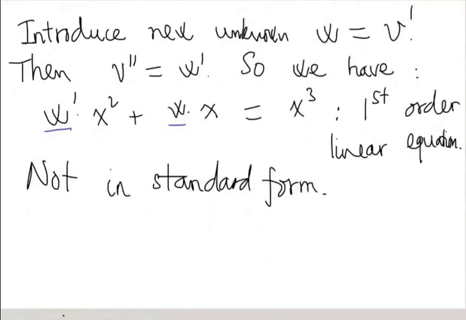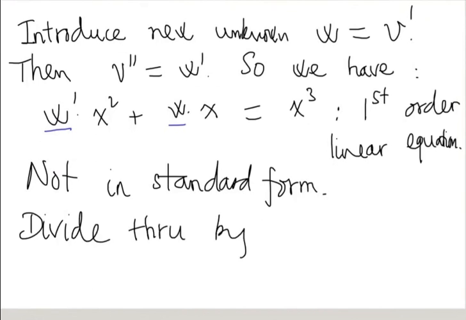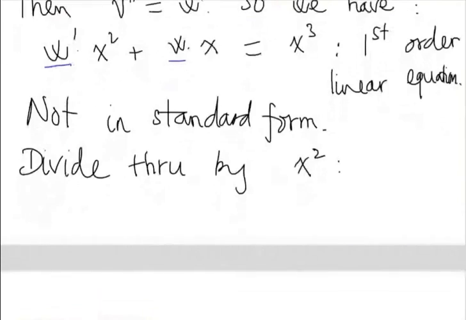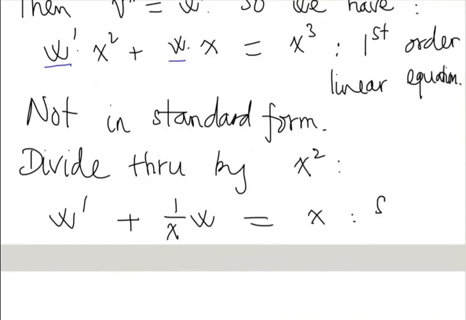So in order to solve this equation, we need to divide through by x squared to make it in standard form. Then we have w prime plus 1 over x w equals x. So this is first order and in standard form.